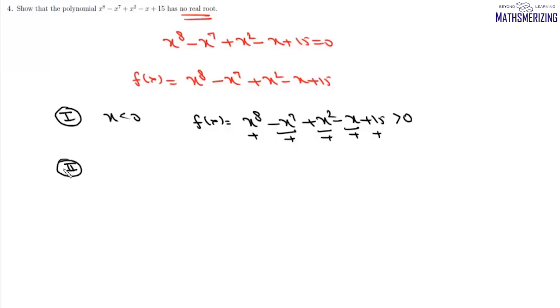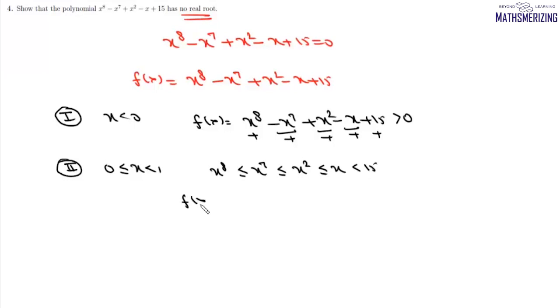Now we consider the second case when x lies between 0 and 1. Now we know that when the number lies between 0 and 1, then x to the power 8 will be less than or equal to x to the power 7, which will be less than or equal to x square, which will be less than or equal to x, and that will be less than 15.